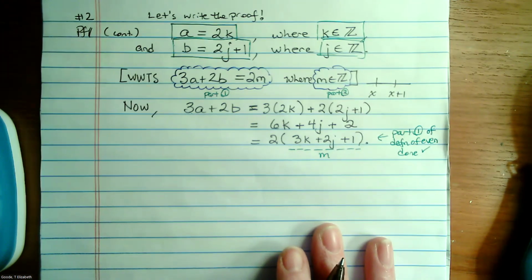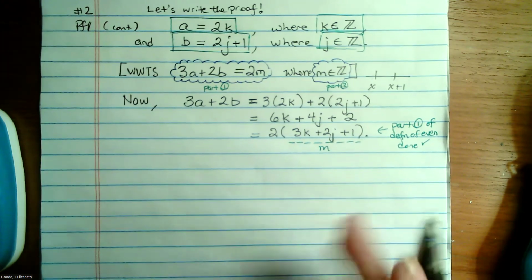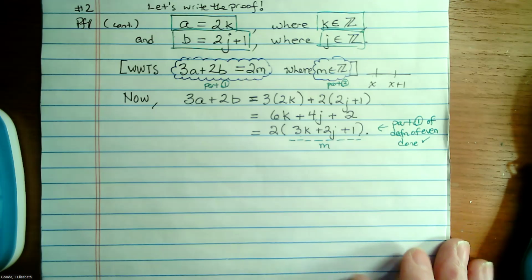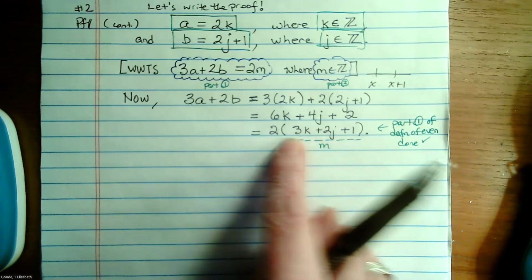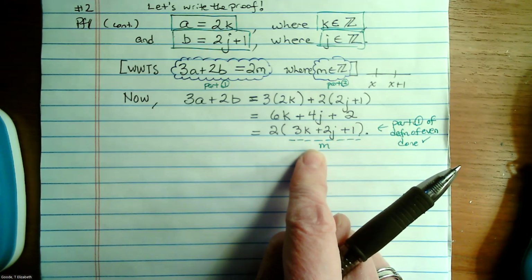Yeah, it's called begging the question. You're giving your conclusion without proper justification. But now we can call this expression M and in the same sentence say why it's an integer.